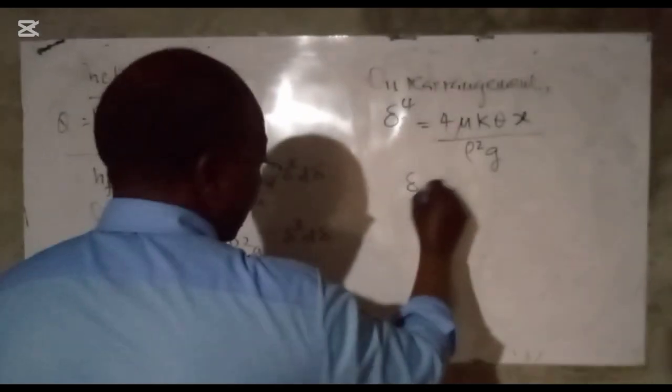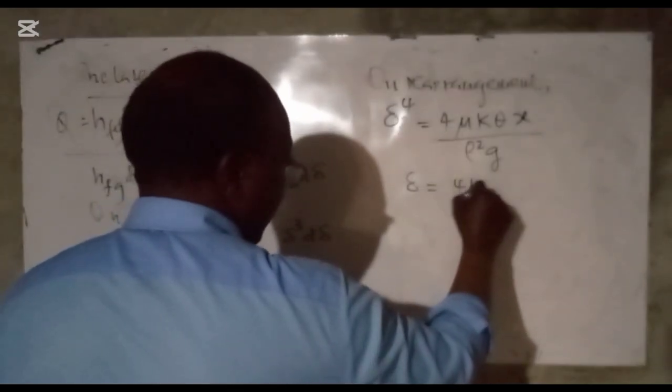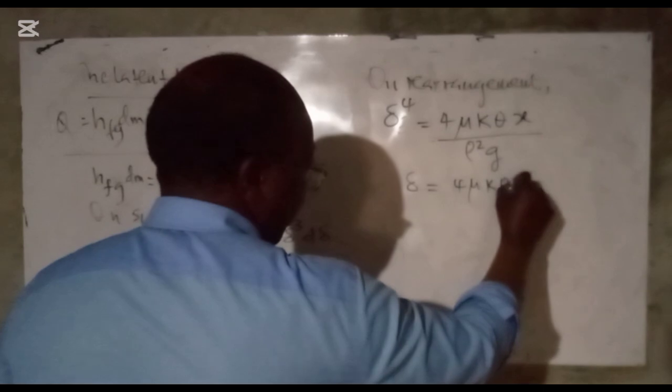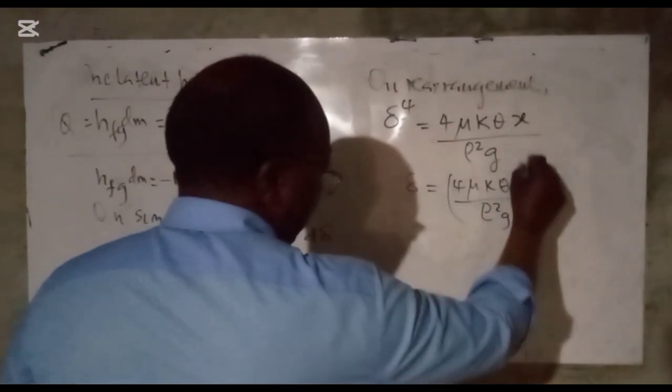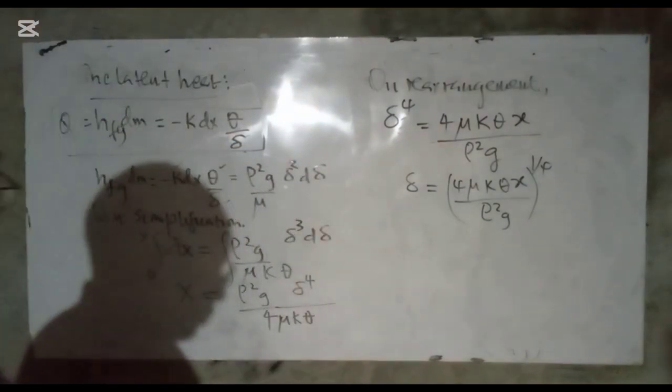And so basically sigma will be the fourth root of that.